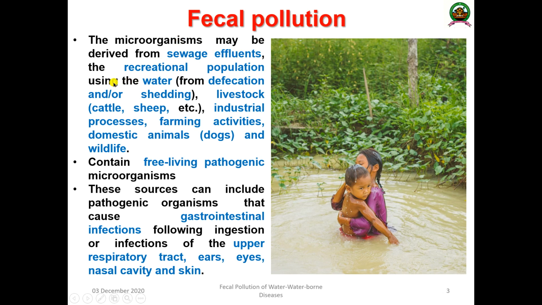Sewage effluents and the recreational population using water, through defecation or shedding, etc. These are the recreational activities, and livestock, such as cattle, sheep, goat, cow, etc. Then industrial processes, farming activities, domestic animals such as dogs and kittens. Similarly, cows, goats, and wildlife.